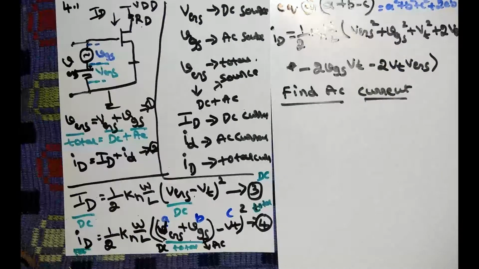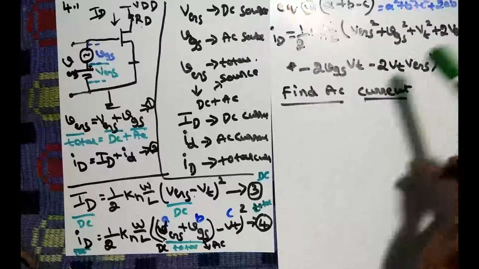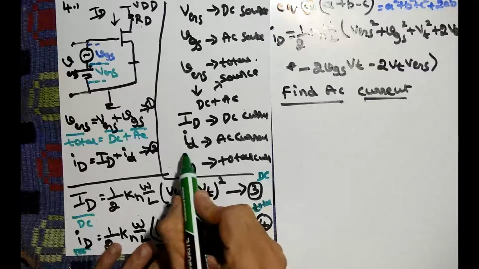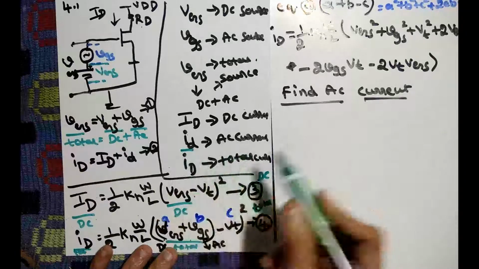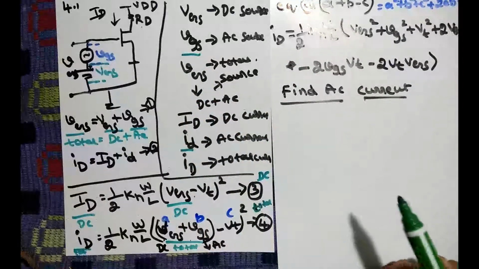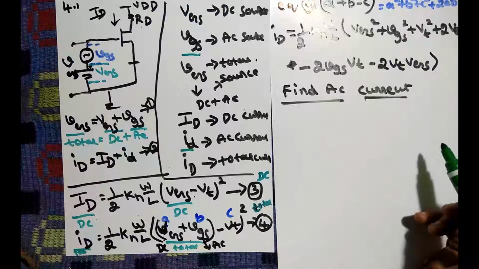Now I have several terms here. Which term is useful for the AC current, we can check. The AC current is small i_d, which is usually represented in terms of small vgs. So wherever small vgs is present, we can group that under one name.